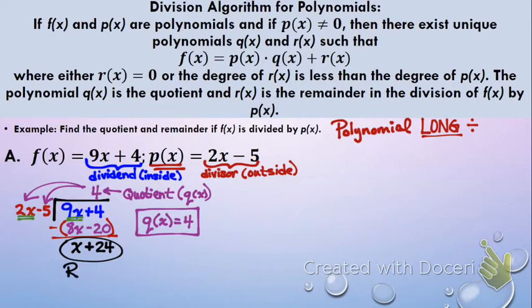So that's r of x. So r of x is x plus 24.